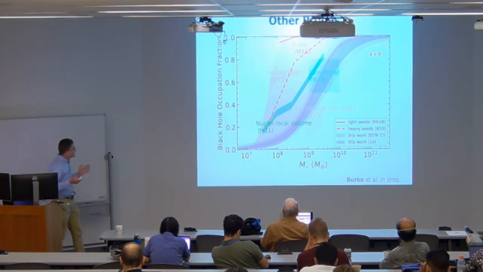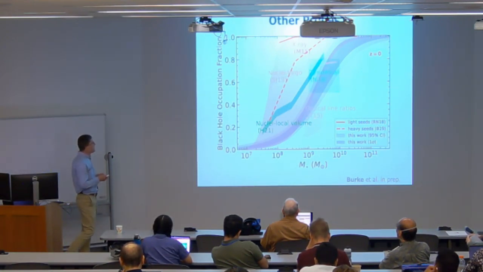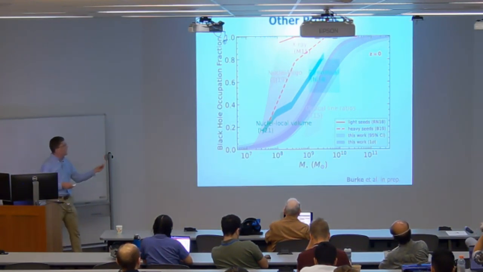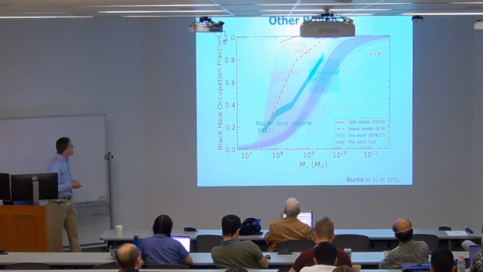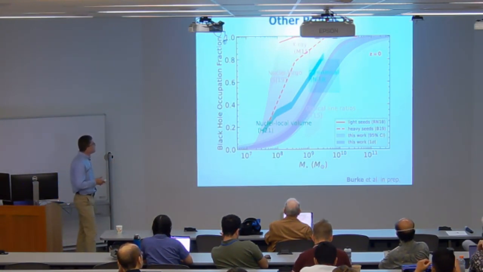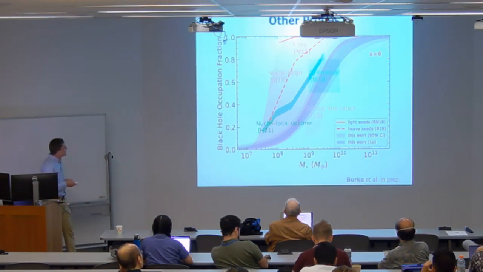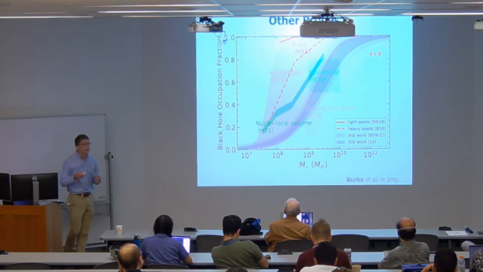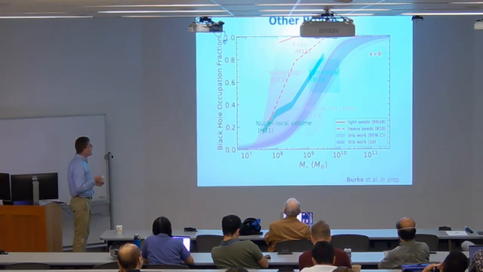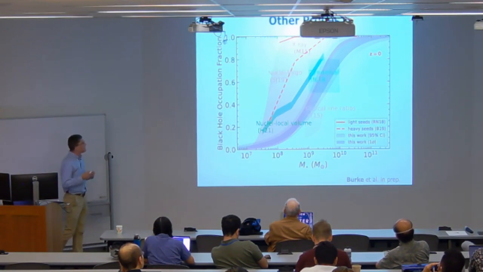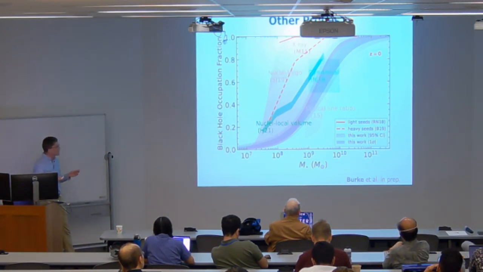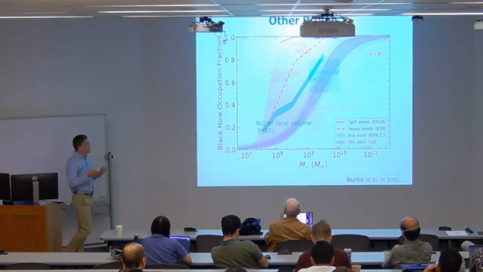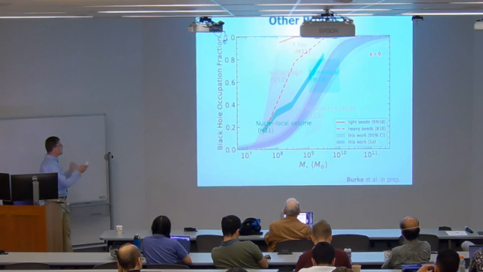And excitingly, it appears to be consistent with the occupation fraction very roughly estimated from detections of black holes from dynamical black hole mass detections in local galaxies, and as well from the Trump 2015 paper, which did very careful forward modeling of the efficiency of detecting AGNs in SDSS spectra using the BPT diagram, so optical line ratios here, which becomes less efficient as you get to lower masses.